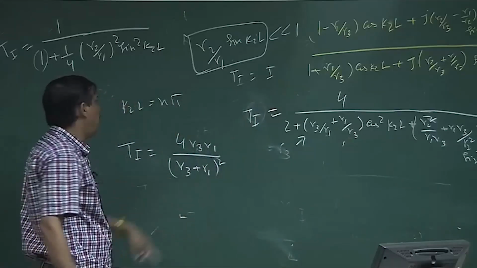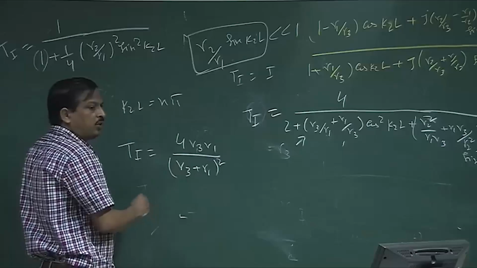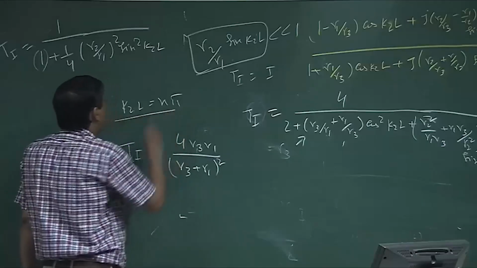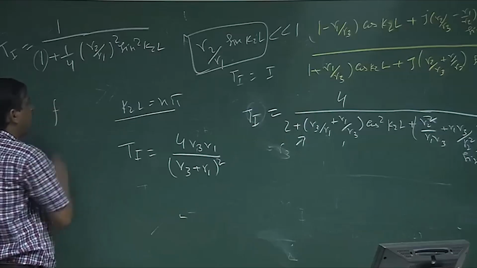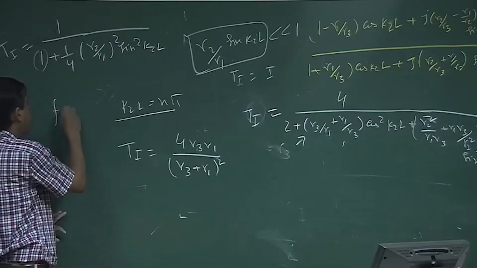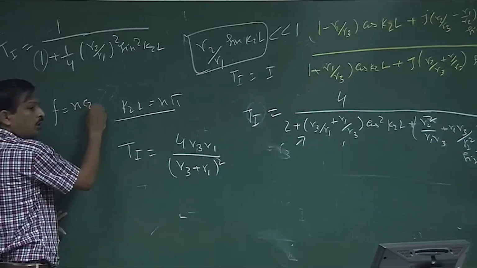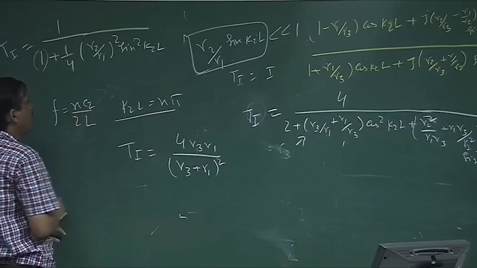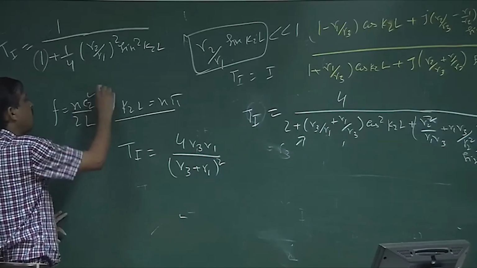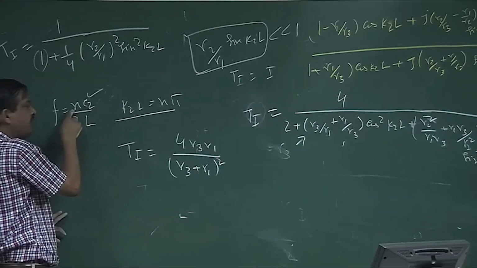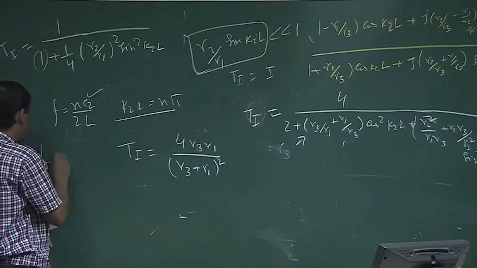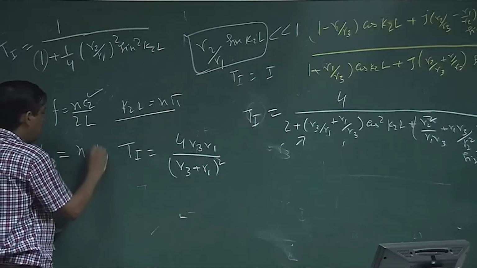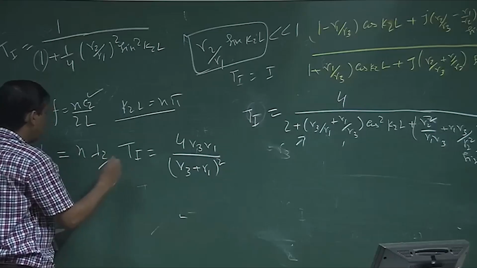Okay. Now, what do you mean by K2L equal to n pi? If K2L is equal to n pi, then what is the frequency f? f is n C2 divided by 2L. C2 is the velocity of sound in the second medium, n is an integer, and L is the thickness of the wall. So I can say L is n lambda 2 divided by 2.